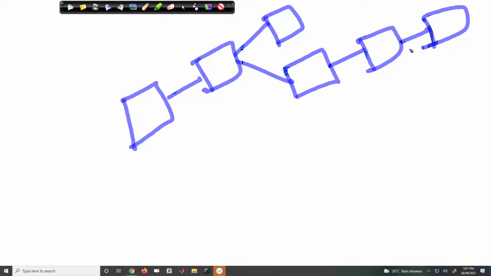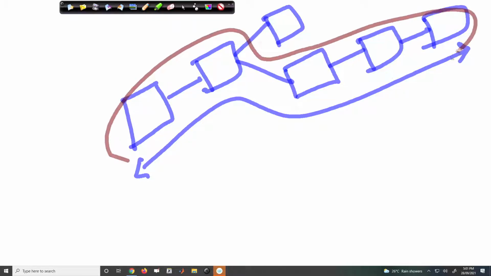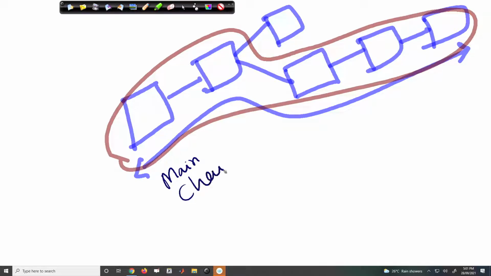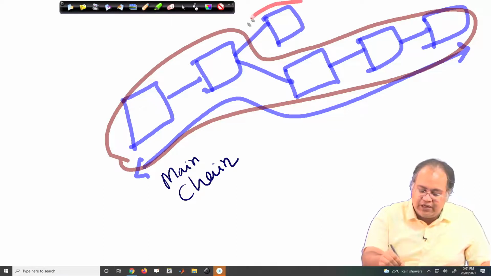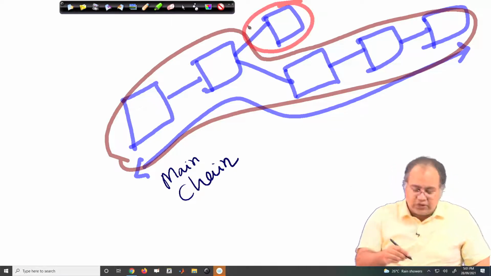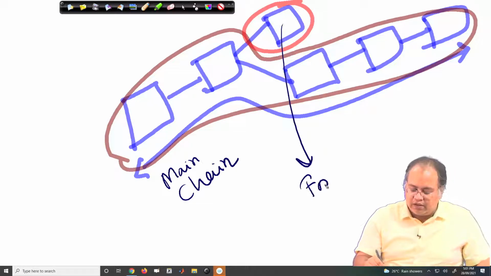Eventually we see that one particular chain becomes part of the longest chain. So, this part becomes my main chain, and the other part, which is not used any further, this part, we call the fork.